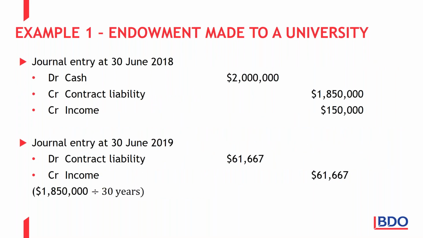So in this situation, we would say on the 30th of June, when we receive the cash of the 2 million, we debit cash of 2 million, we credit contract liability of 1.85. So that is the expected value of what it would cost to provide this accommodation to the one student for 30 years.